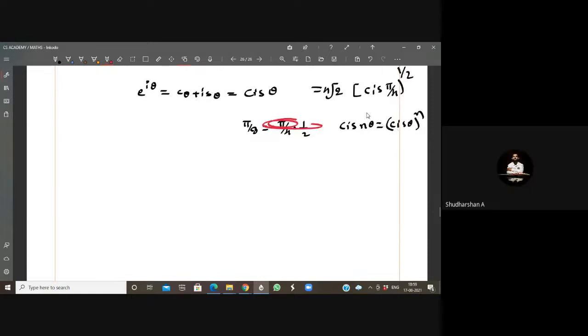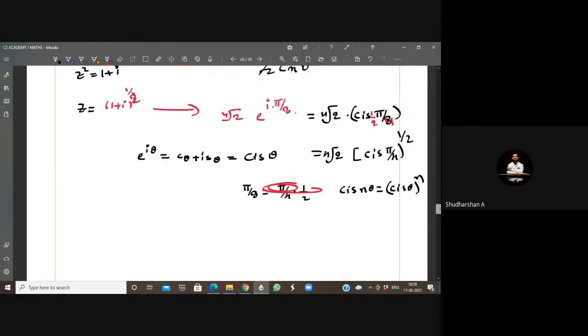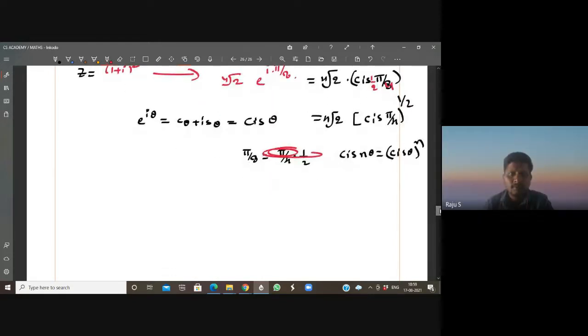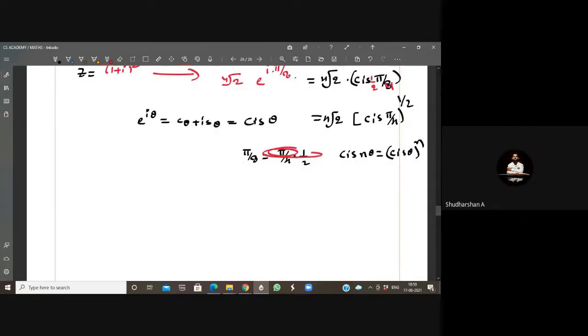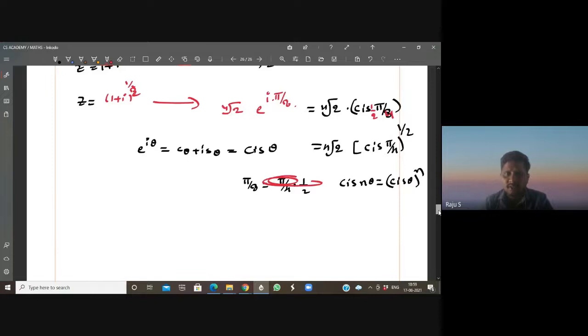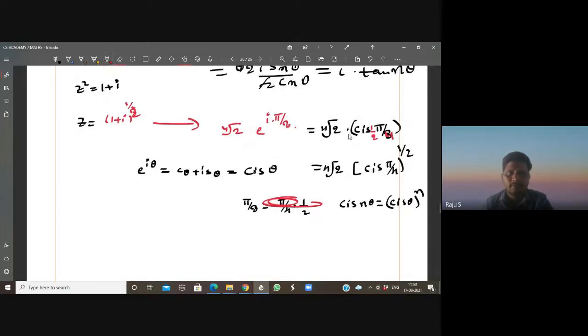How e power iota pi by 8 became cis pi by 8, sir? The first step, sir. Yes, the first step is cis pi by 8. With the help of this, e power i theta can be written as cis theta. So this is pi by 8.